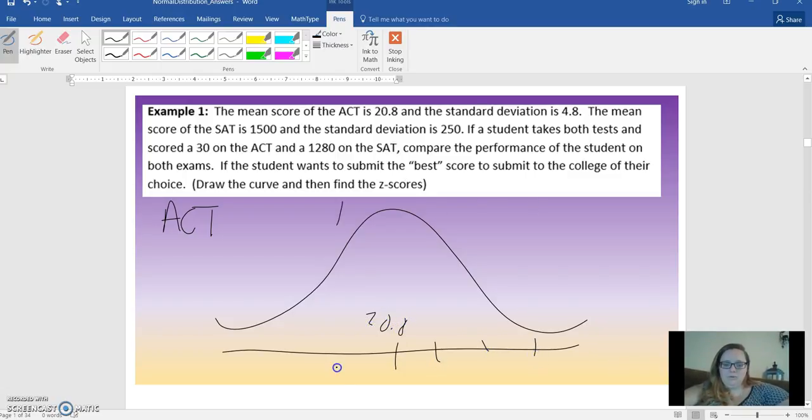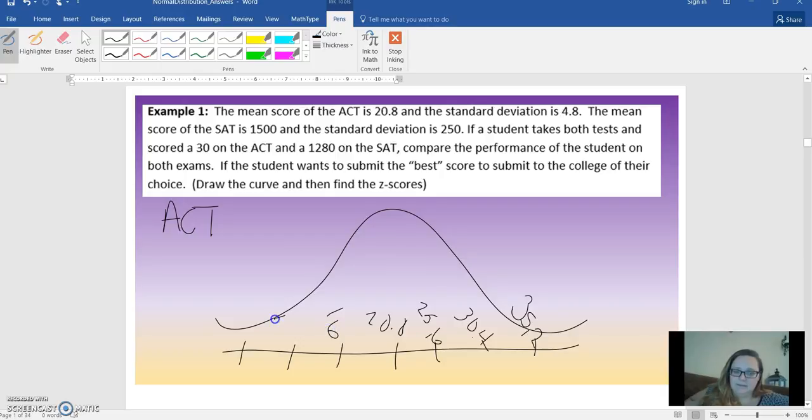Going up by one, two, three standard deviations: 20.8 plus 4.8 gives 25.6, then 30.4, then 35.2. Going down, 20.8 minus 4.8 gives 16, then 11.2, then 6.4.